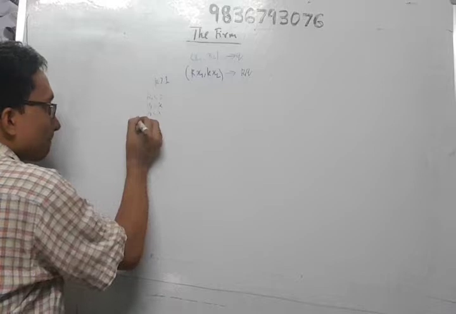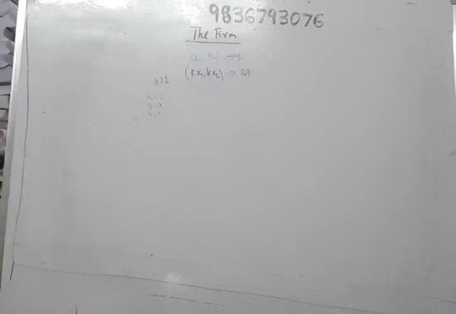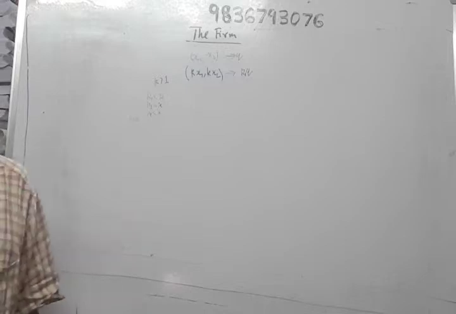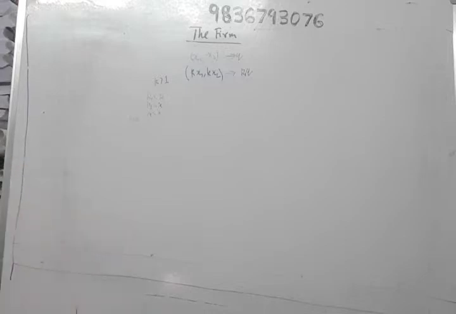Now if k1 is less than k, that means if I am doubling my input, my output gets less than double, then I am representing a situation which exhibits decreasing returns to scale.